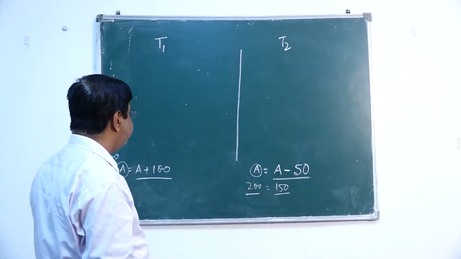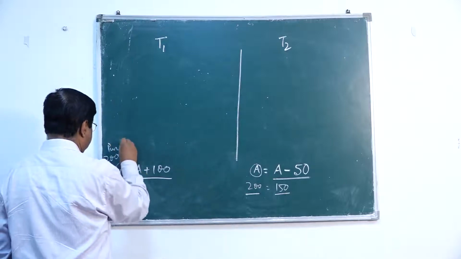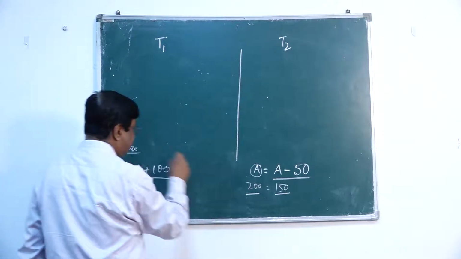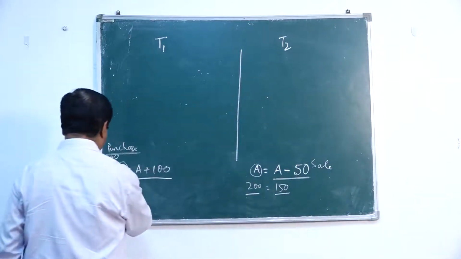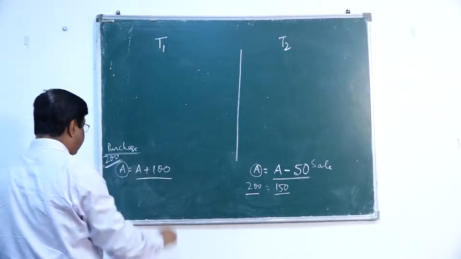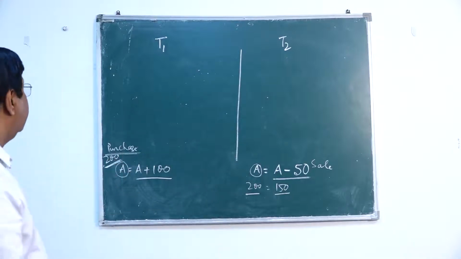Suppose this is the purchase and this is the sale, and the total stock value is initially 200 and both the transactions take place simultaneously.